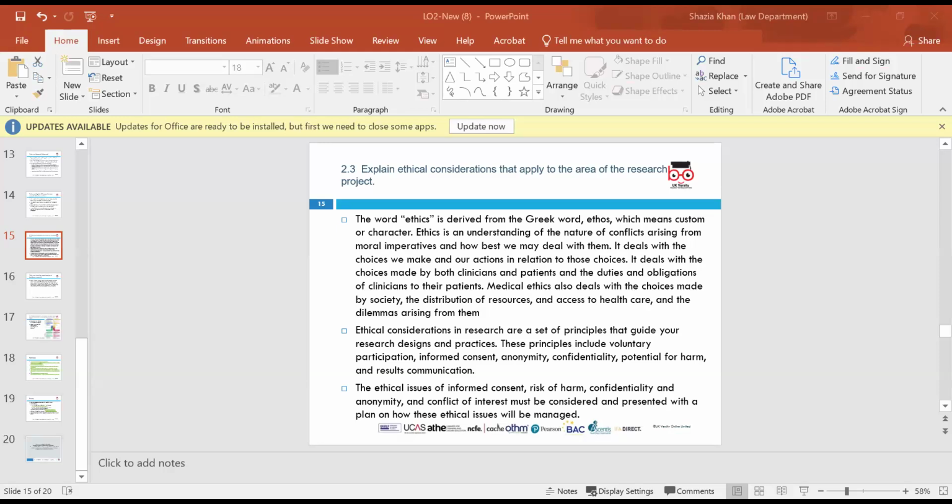Are you breaching something if you give a person's information when they said don't give my information? Yeah, you're breaking the agreement of confidentiality.